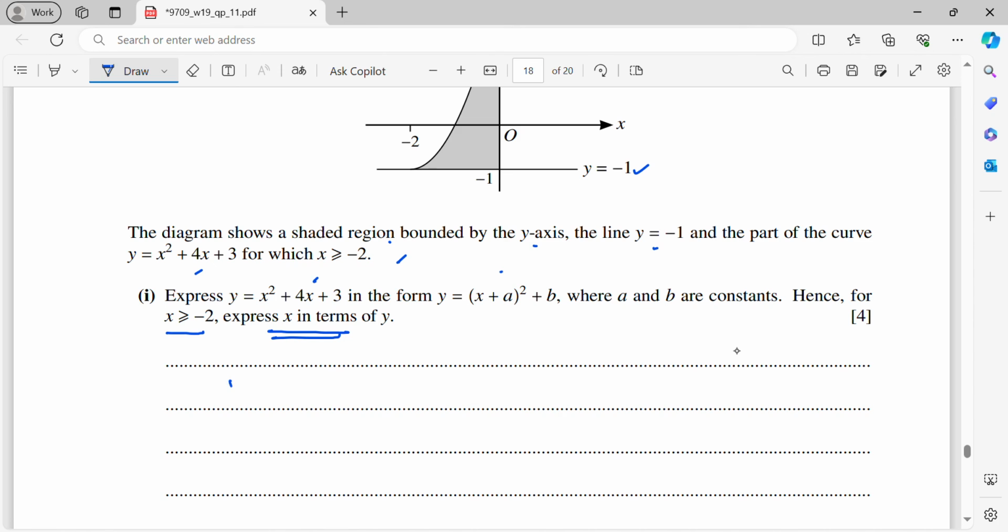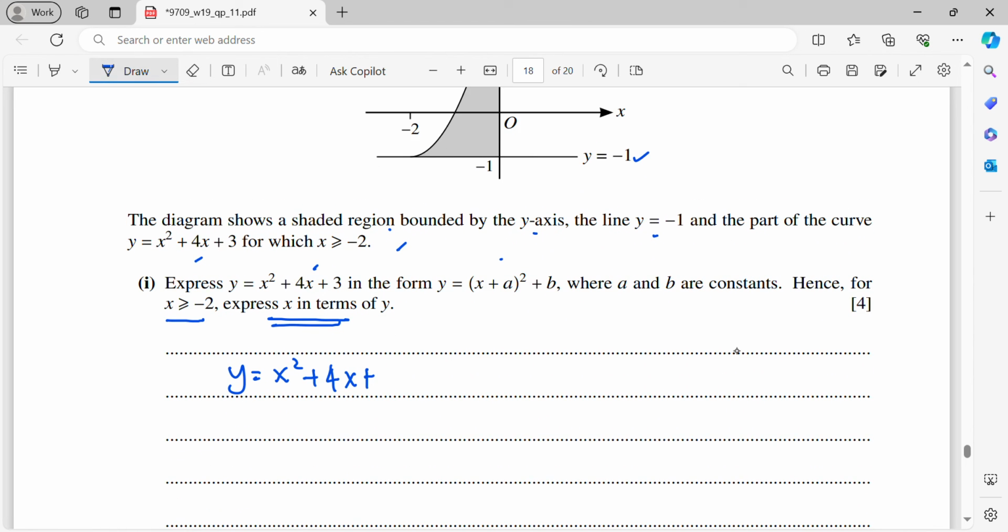Okay, so first of all, we need to perform completing the square. The condition for completing the square is to make sure the coefficient of x squared is 1. So it's already positive 1 here. So just rewrite the first two terms, then you plus the square of half the coefficient of x. So this is plus 4, so I will write plus 4 over 2.